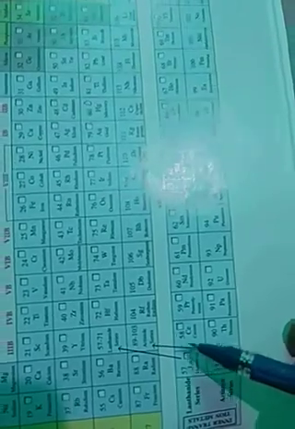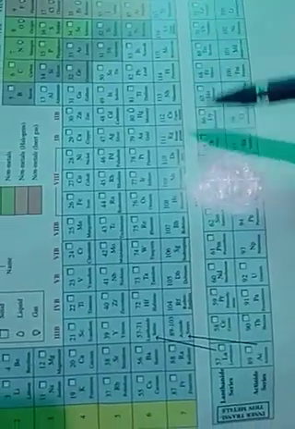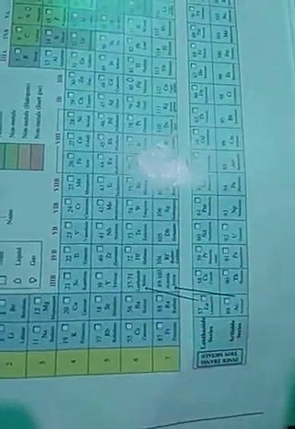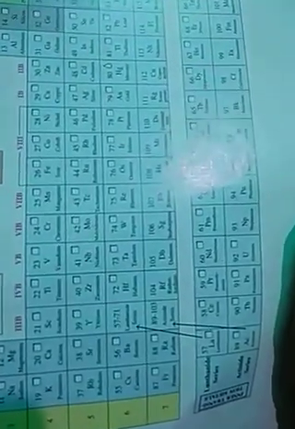It contains 1, 2, 3, up to 15. These elements are called lanthanides, whose atomic number varies from 57 to 71.